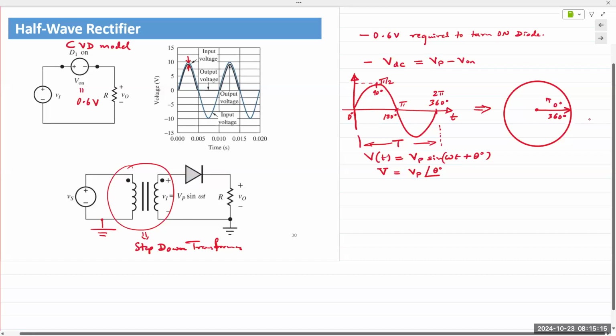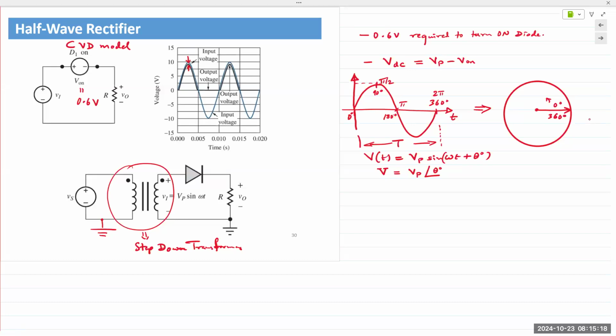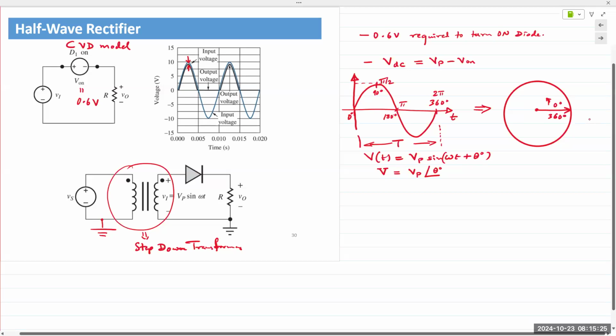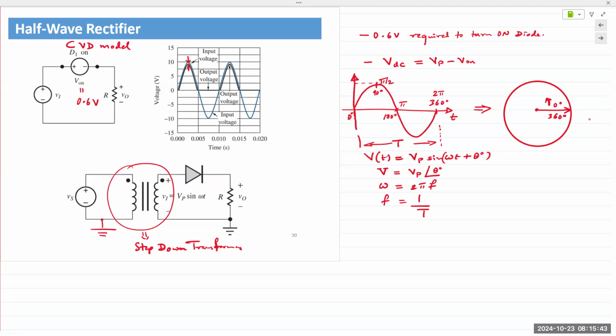This is what we are applying as input to our rectifier, a sine wave. f is the reciprocal of the time period. Familiar, right? Okay.